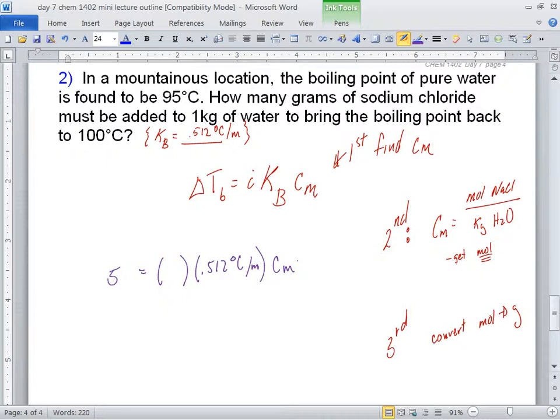What are you going to plug in for i? 2. So solve for Cm. Set up the Cm equation, get moles, then convert moles to grams.